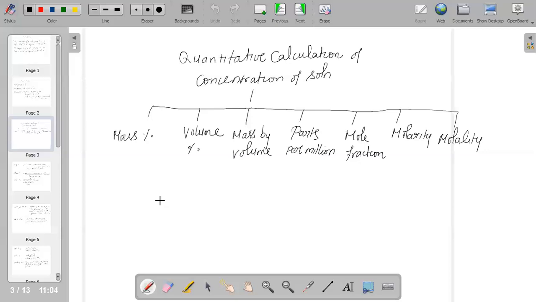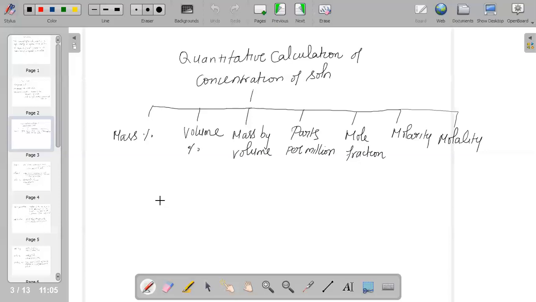We have mass percentage, volume percentage, mass by volume, parts per million, mole fraction, molarity, molality. All these terms are very important from an exam point of view.